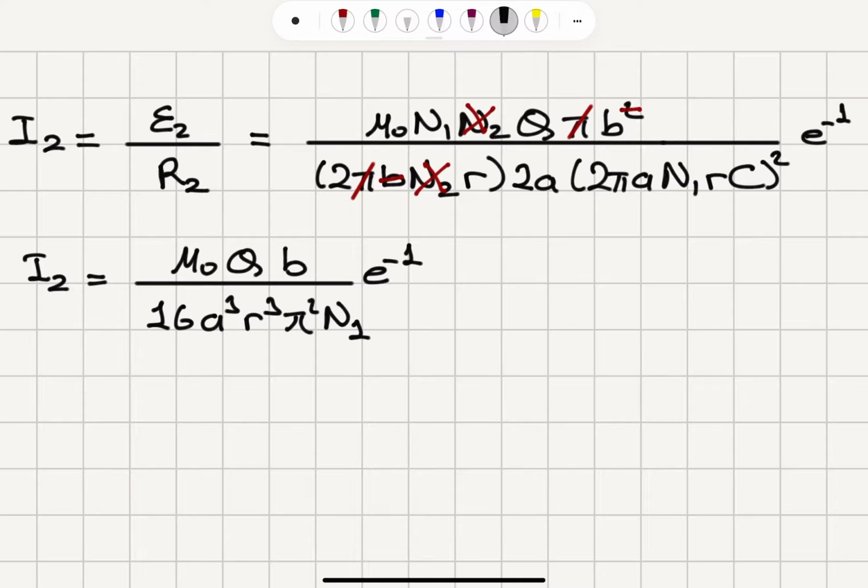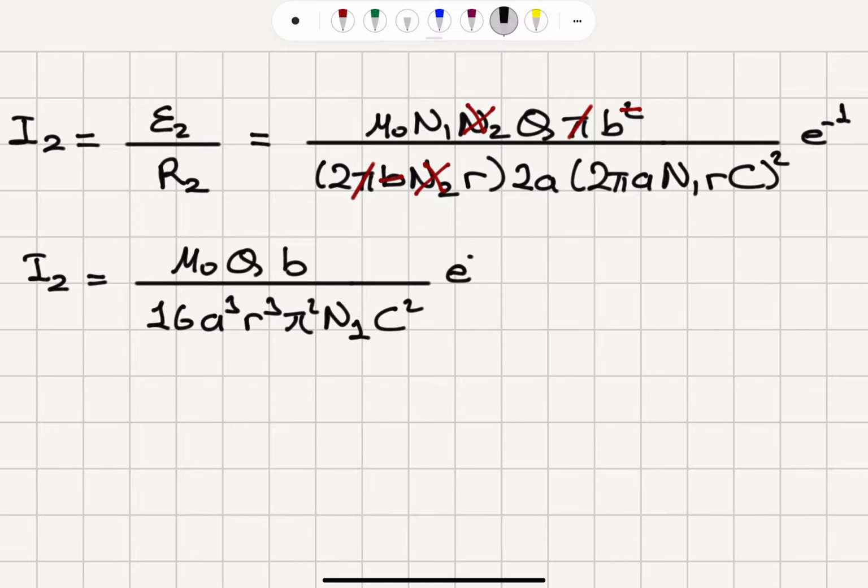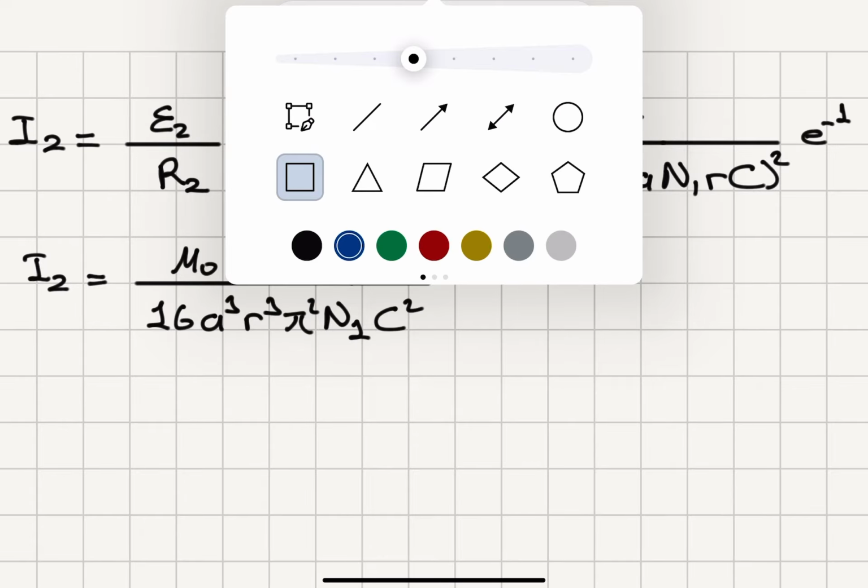And then I have the capacitance squared. So this becomes e to minus 1. So that will be the magnitude of the current in the smaller coil.